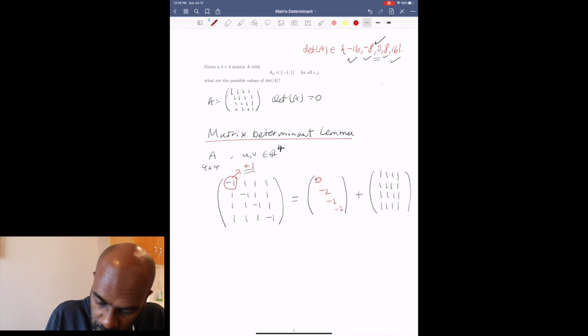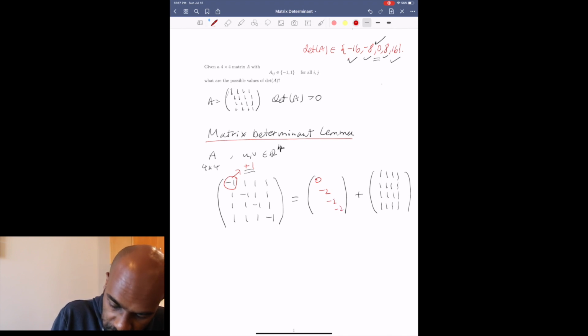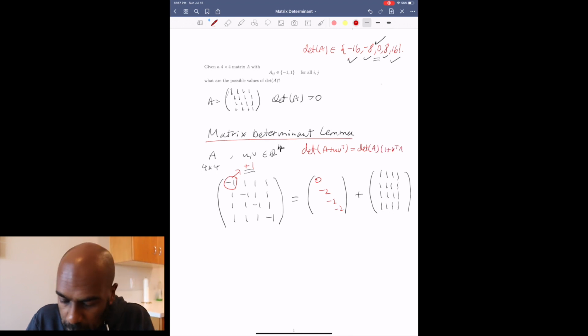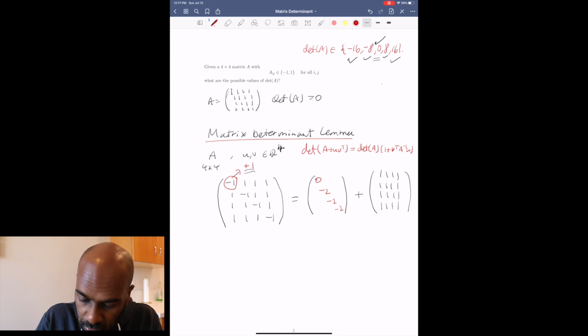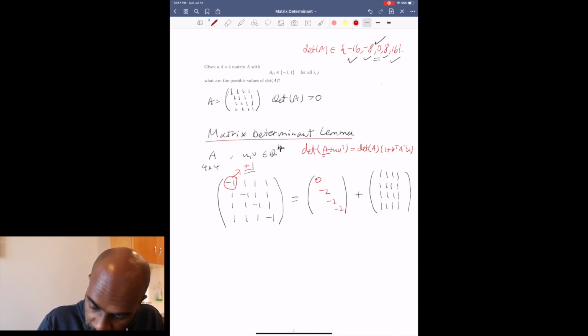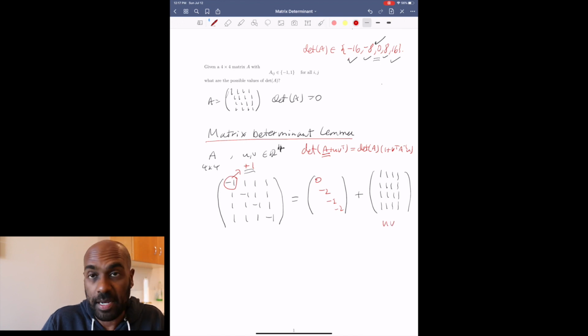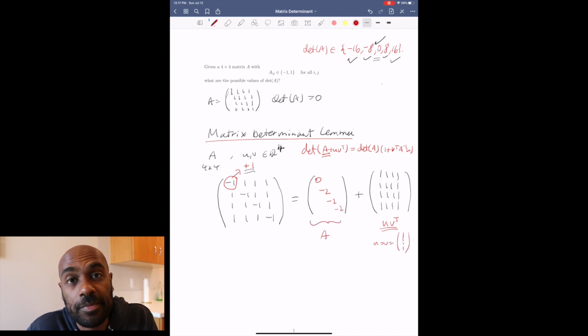And now you would hope to apply the matrix determinant lemma, which says the determinant of A plus UV transpose is the determinant of A times 1 plus V transpose A inverse U. The only problem with this is this lemma only works when A is invertible. And we have our UV transpose candidate right over here, where U and V were both the all ones vector. But this A is not invertible.